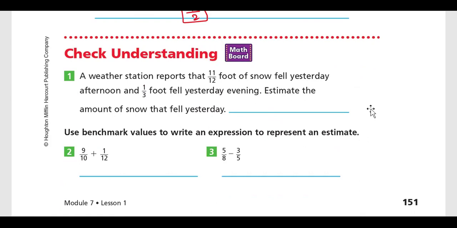Estimate the amount of snow that fell yesterday. 11 over 12 is close to 1, and 1 over 3 is close to half. So the estimate is around 1 and 1 over 2.